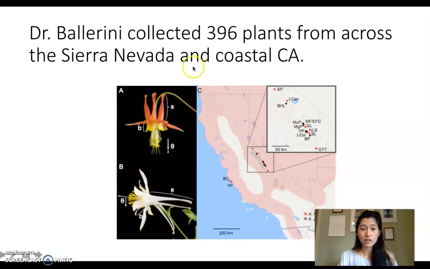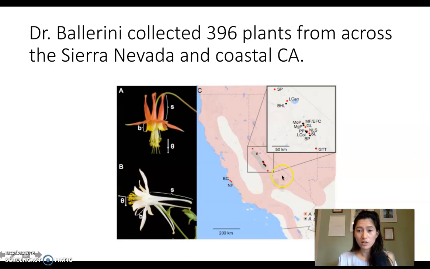So here, this is an image. Again, we have our two different flowers on the left, and on the right-hand side is a sampling map where Dr. Ballerini got the data that we'll actually be working with today, where she collected those samples from. So there are several sites here in the Sierra Nevada. My head, I think, is cutting off this legend here, but you have this in your written instructions as well.